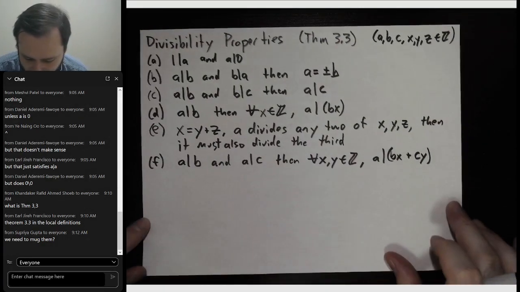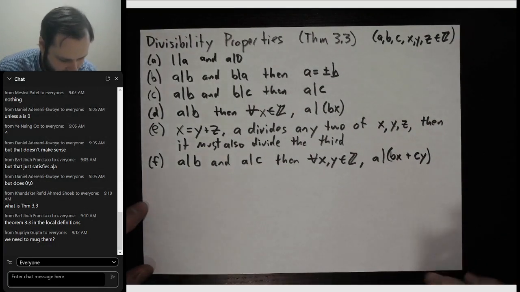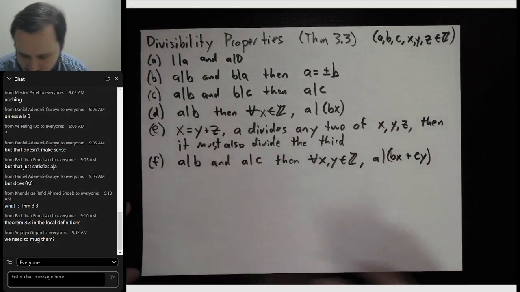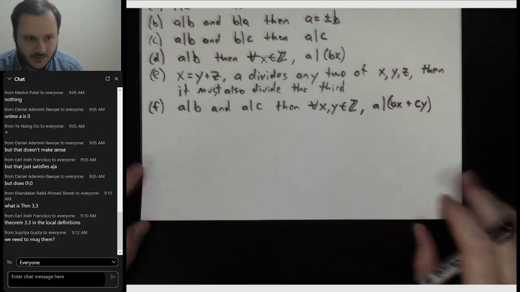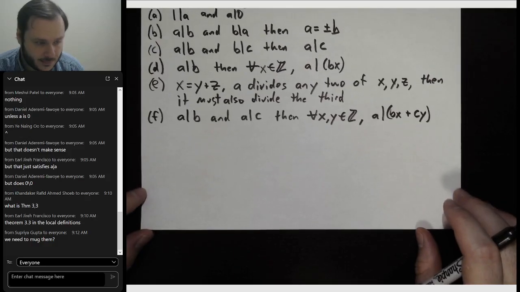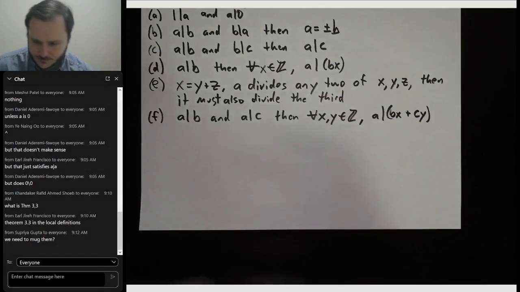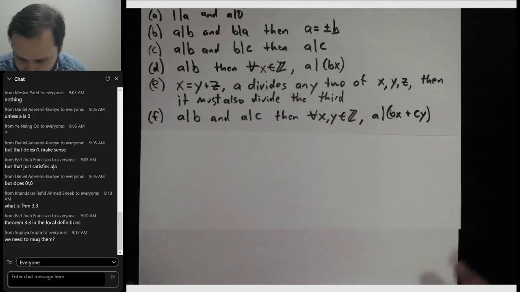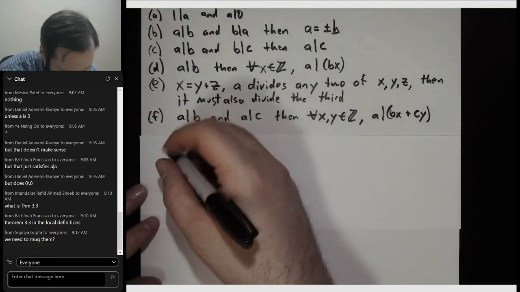So I want to do an example of how we can use these tools to prove things, because we can make some pretty tricky questions now.